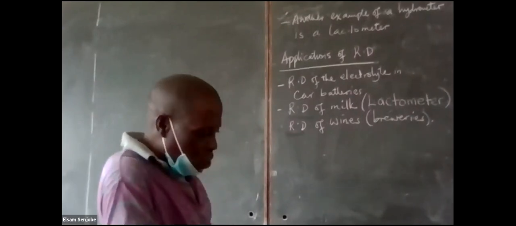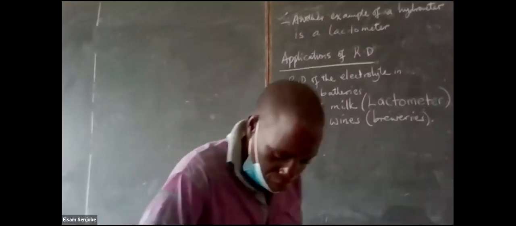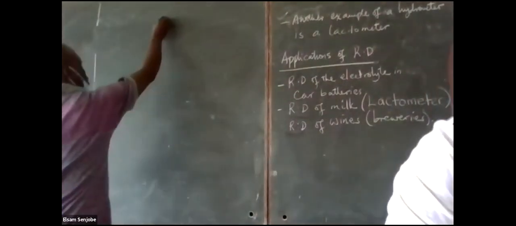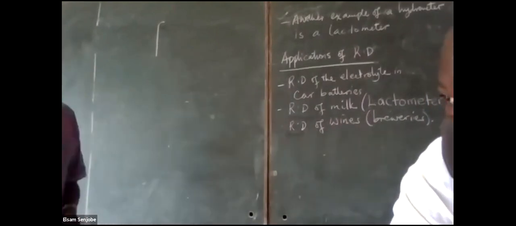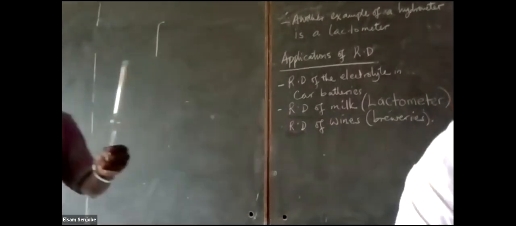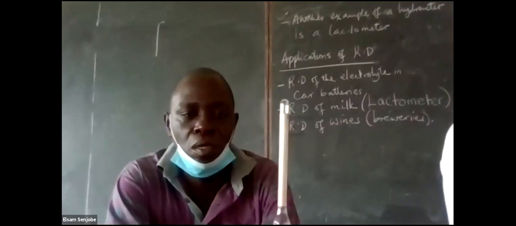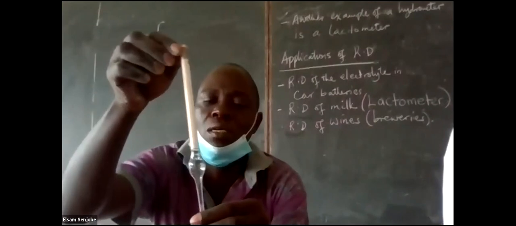Now next you want me to talk about the parts of a hydrometer, isn't it? So I'm going to draw, to show us a video. We look at the board. Okay, this is our hydrometer.